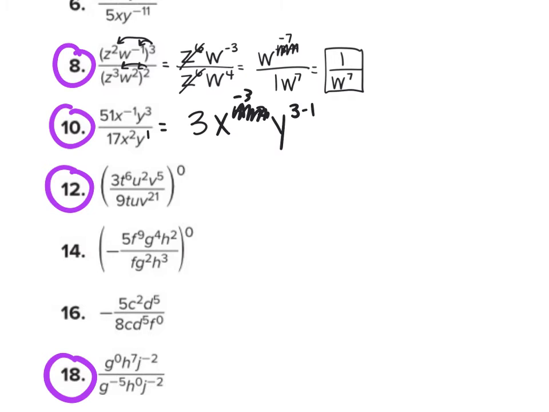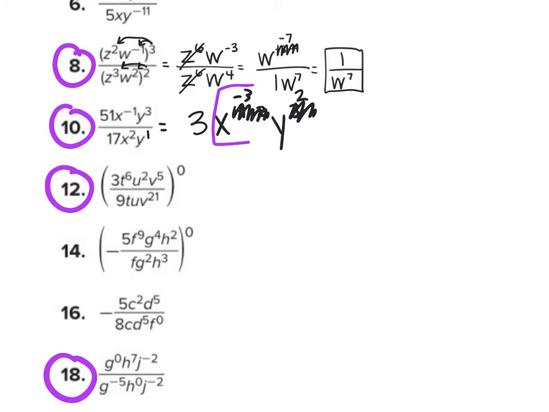Y to the 2. Okay, what do we have to move? What do we have to flip? We flip the negatives to make them positive. So which part is negative? The 3, the x, or the y? The 3 or the x?